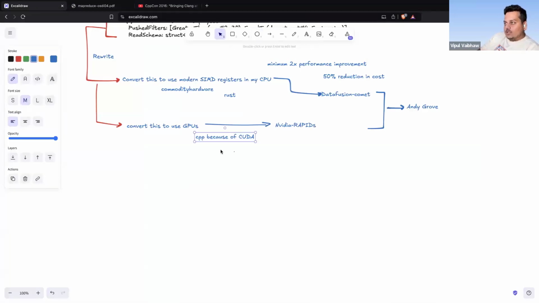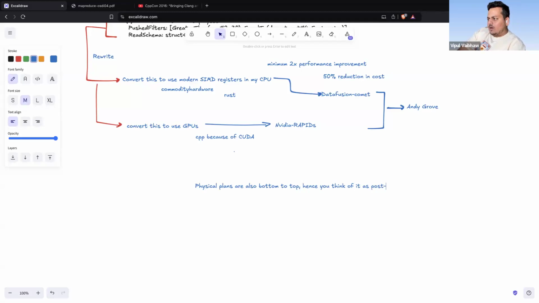Now we have to understand how this conversion happens. So what happens is we have got a physical plan, and physical plans are also executed bottom to top. Hence, you can think of it as a DFS, depth first search type of execution, which means what?